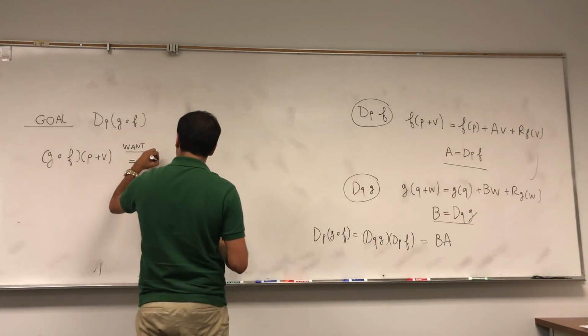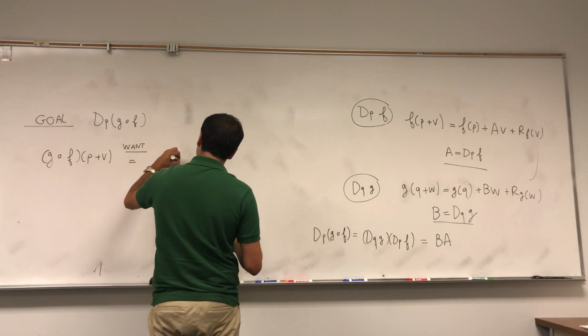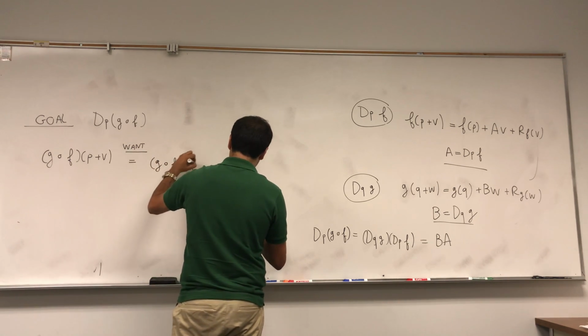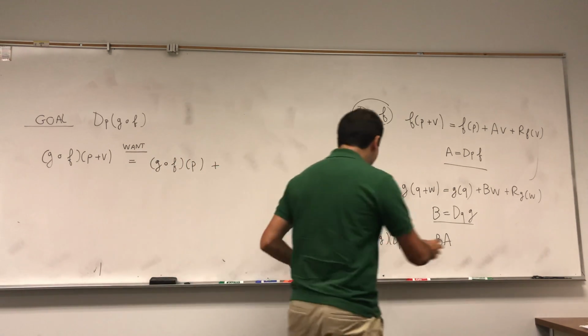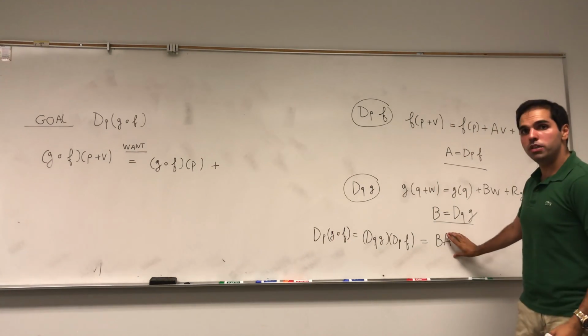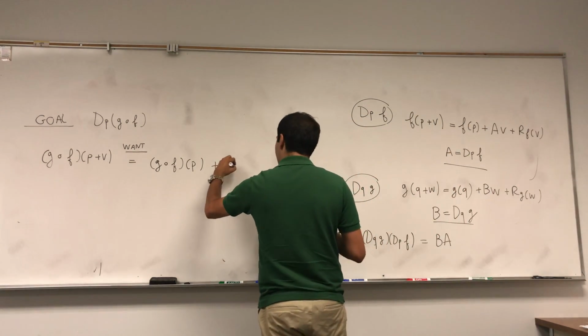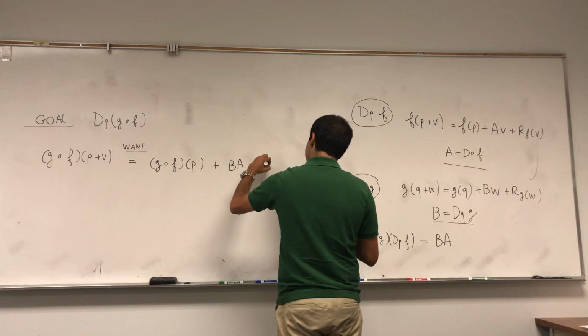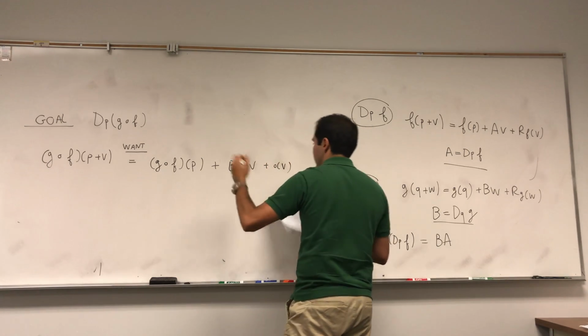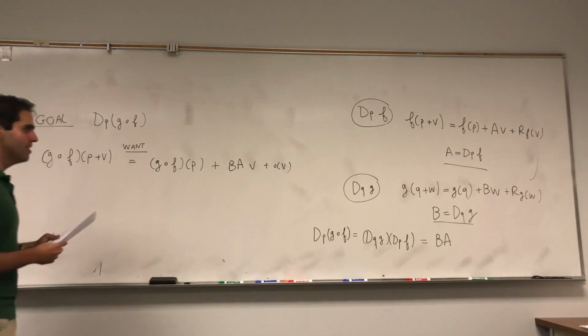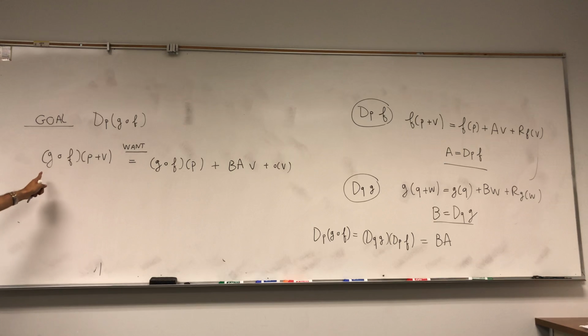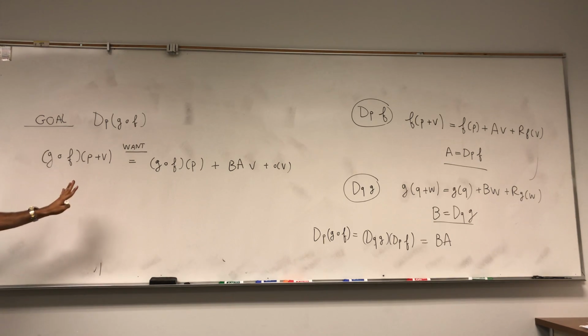We still want the original value, g composed with f of p, plus our derivative, which we want to be BA, v, plus a little term, like O of v, so a term that's sublinear. And so, once we've shown this expansion, we are done.